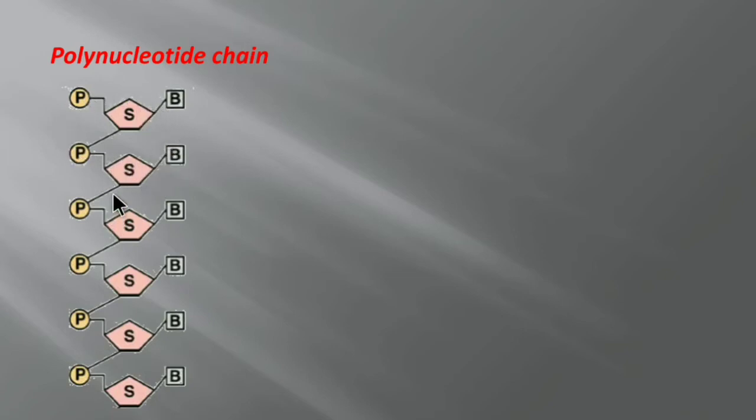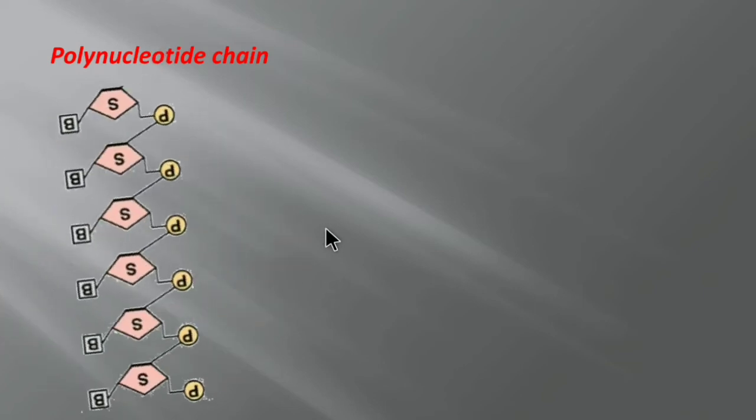If 3 nucleotides join together they form trinucleotides, and when many nucleotides join together they form polynucleotide chain. This is polynucleotide chain.